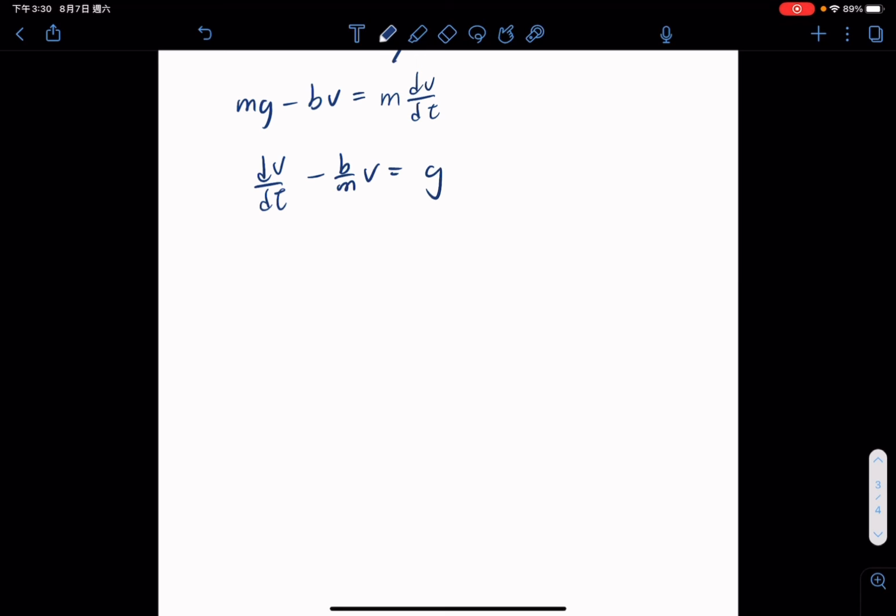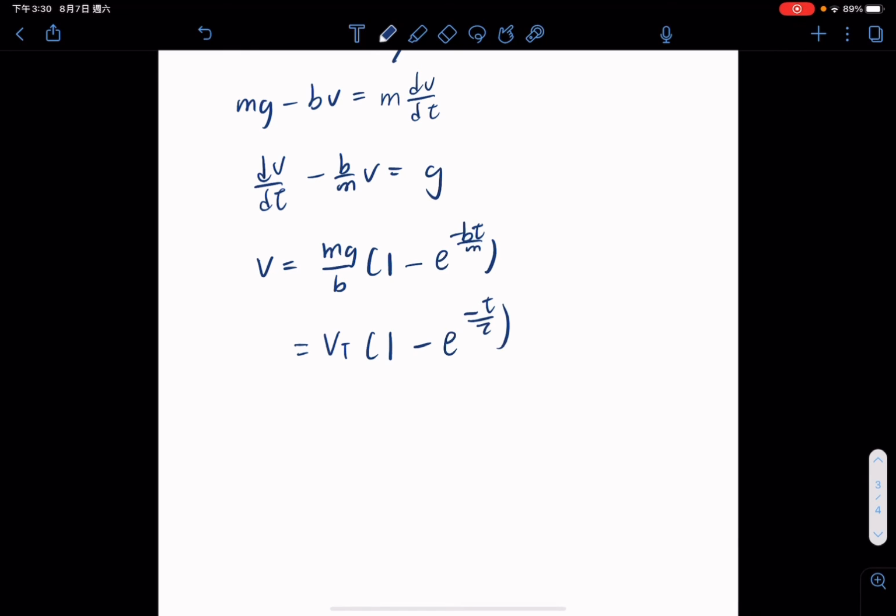So v is equal to mg over b times (1 minus e to the power of minus t over tau). We can say that mg over b is the terminal velocity.